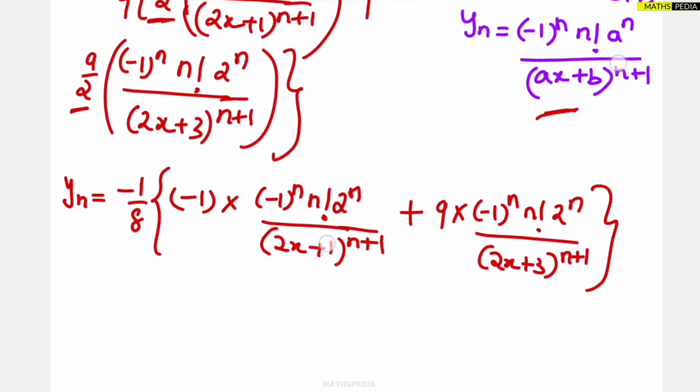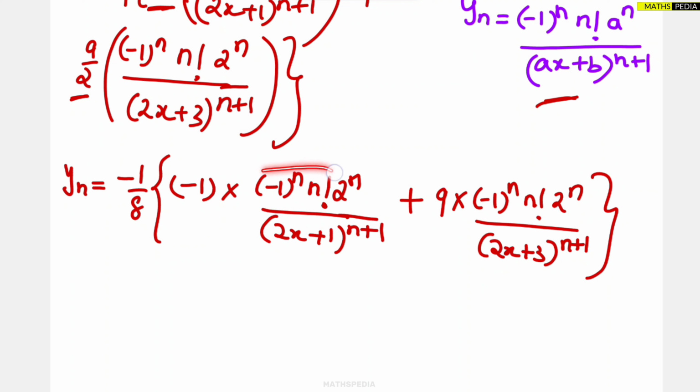If you want, you can take the common parts also. If you observe, this particular thing is common in both, and this entire thing in numerator is common, right? That also you can take it outside. So yn is equal to minus 1 power n into n factorial into 2 power n.